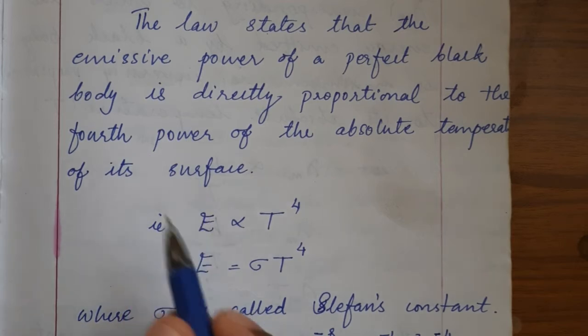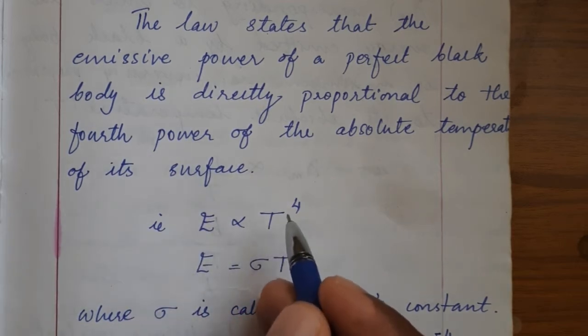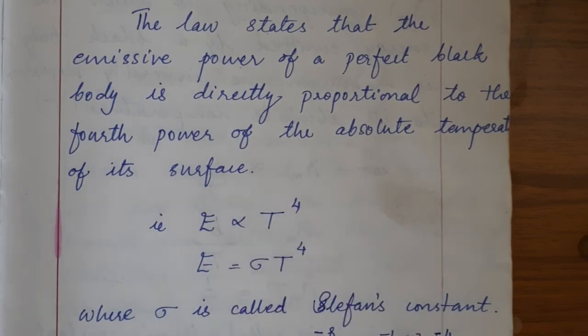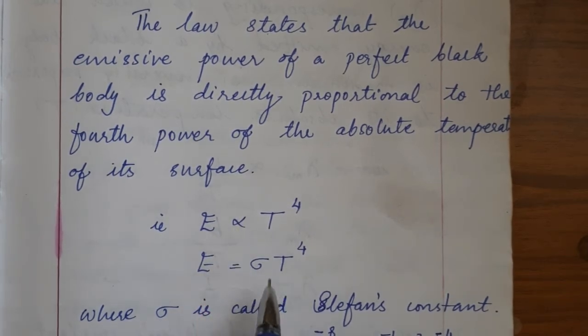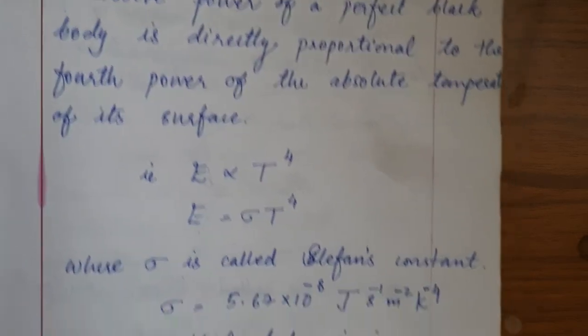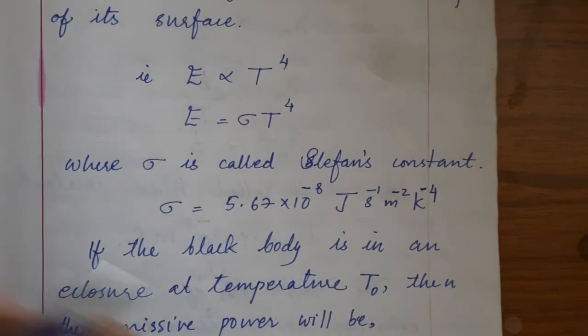It says that the emissive power is directly proportional to the fourth power of the absolute temperature of its surface. This proportionality can be replaced with a constant, and that constant is sigma, which is known as Stefan's constant, and it has a value 5.67 into 10 power minus 8 joule per second per meter square per Kelvin to the power minus 4.